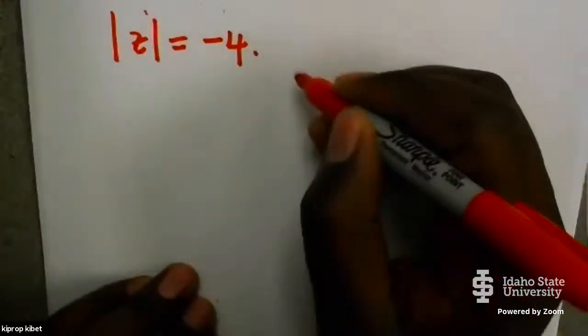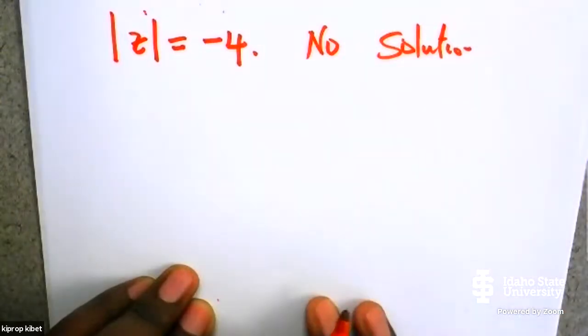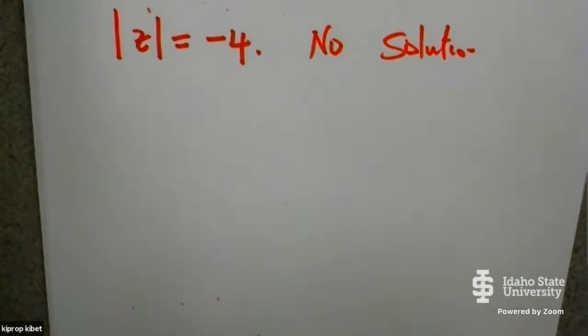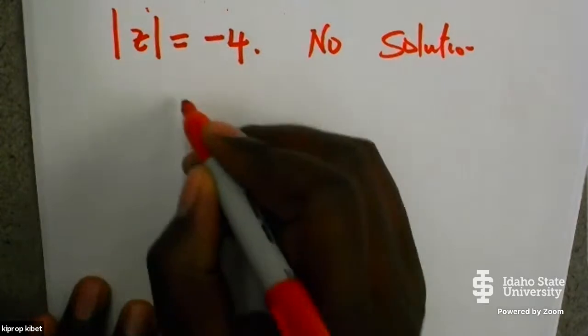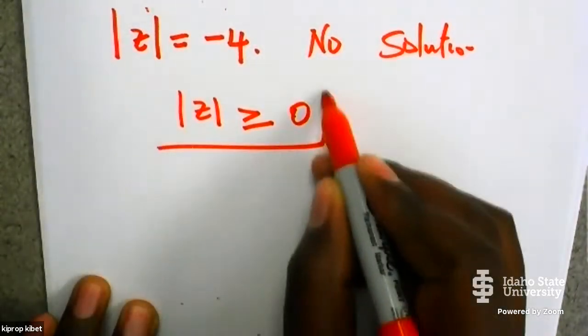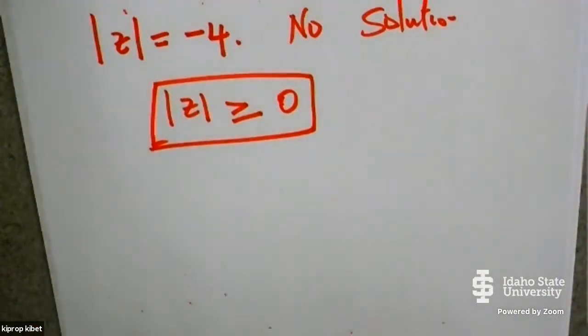There is no solution. Because you cannot have the absolute value be equal to a negative. The absolute value is not negative, because the absolute value is greater or equal to 0. We'll see how we can solve equations of that form.